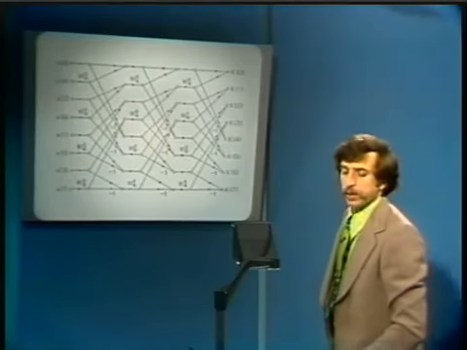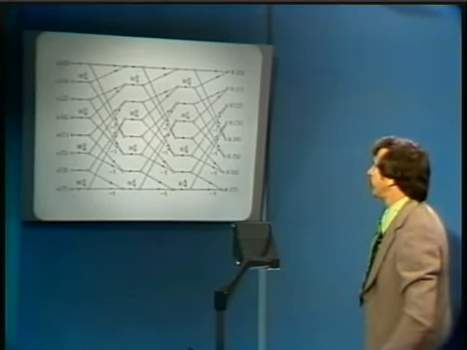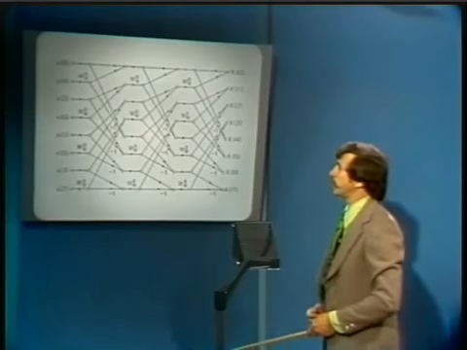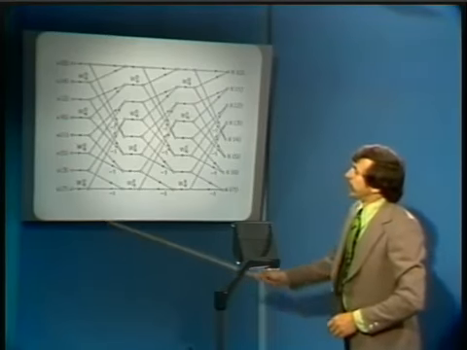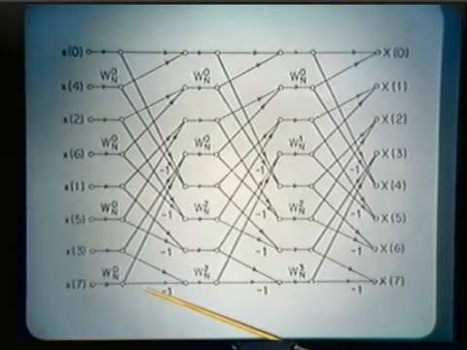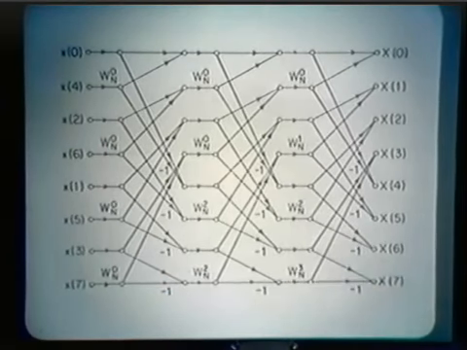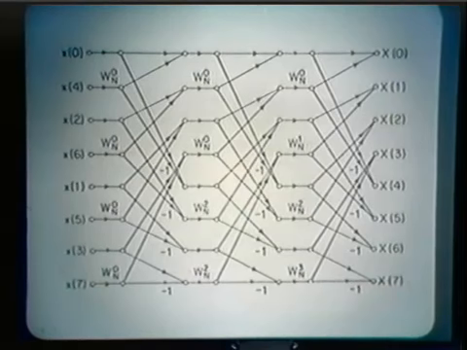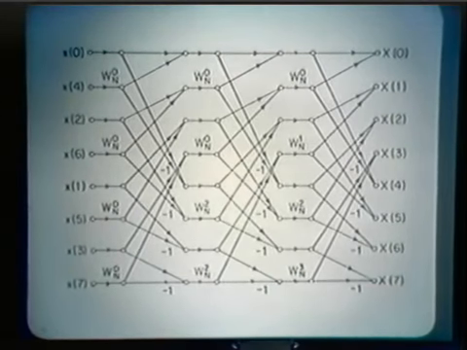It's a form of the algorithm that originally was proposed by Singleton. This then is a form of the decimation in time algorithm. It's a rearrangement of the flowchart so that sequential memory can be used rather than random access memory.